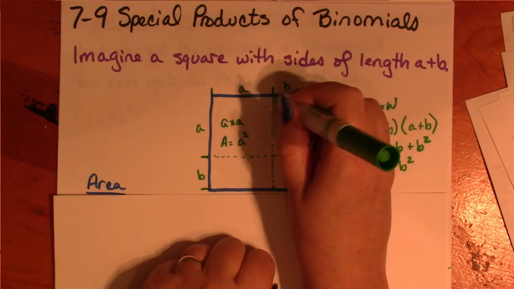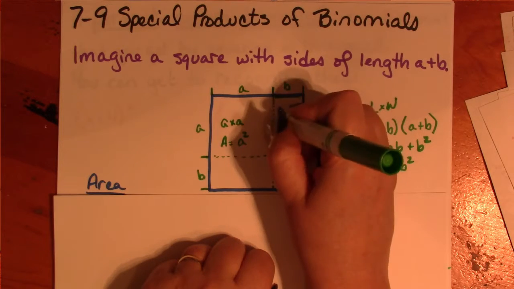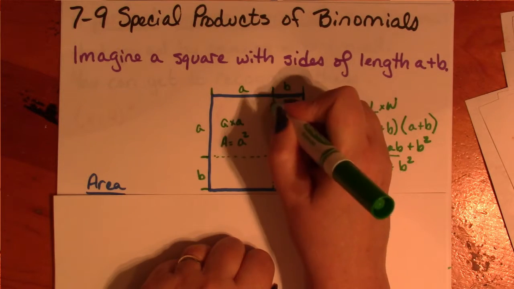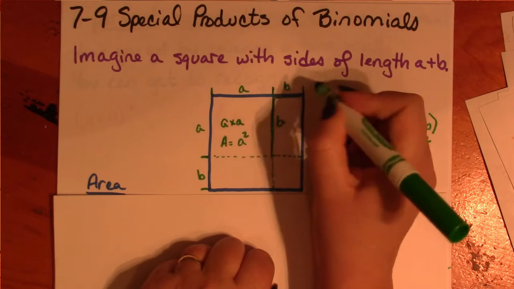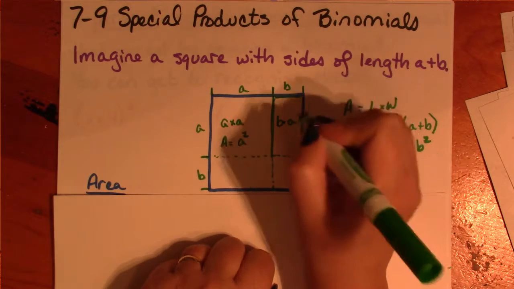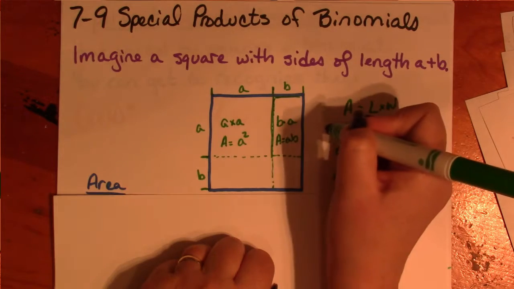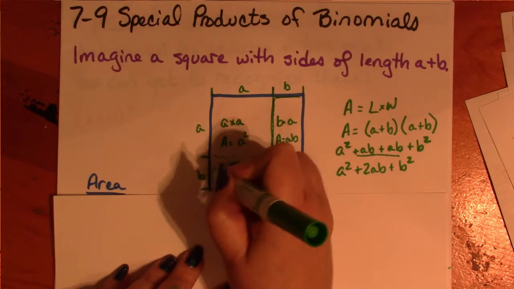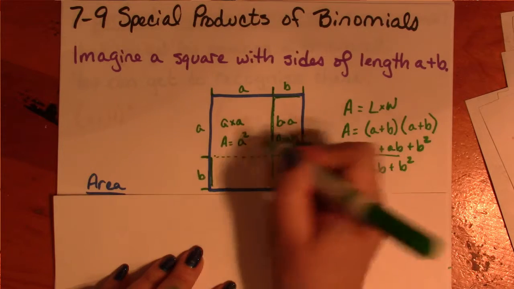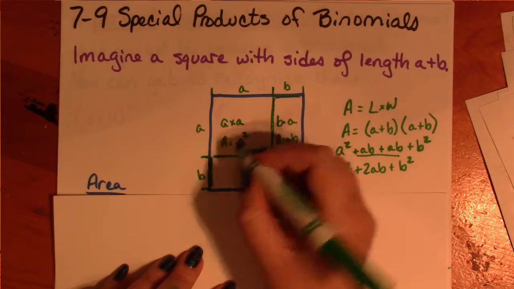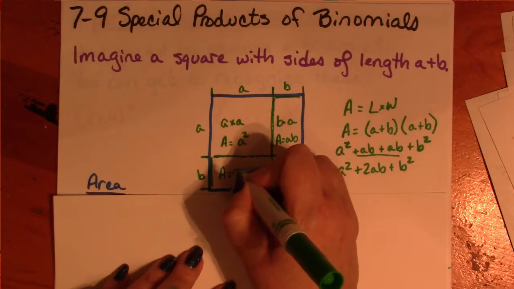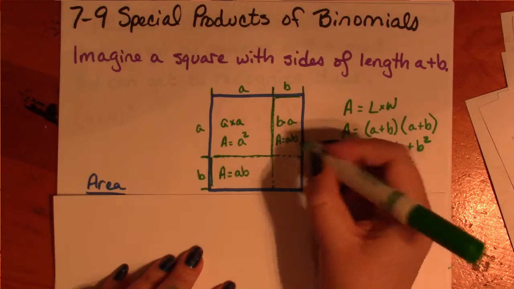This rectangle has one side that's B, and the other side that's A. So this rectangle's area is AB. This rectangle has one side that's B and one side that's A. So this is also AB.